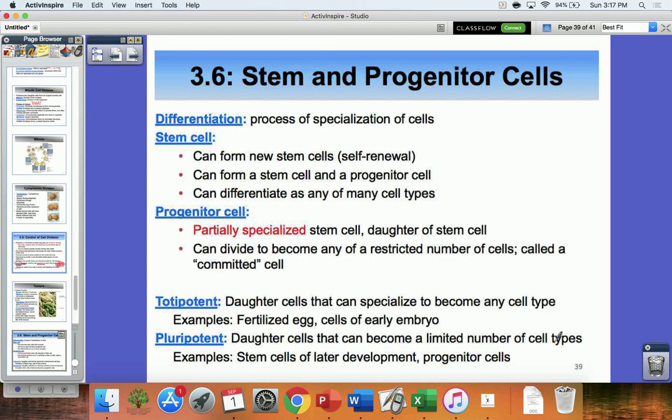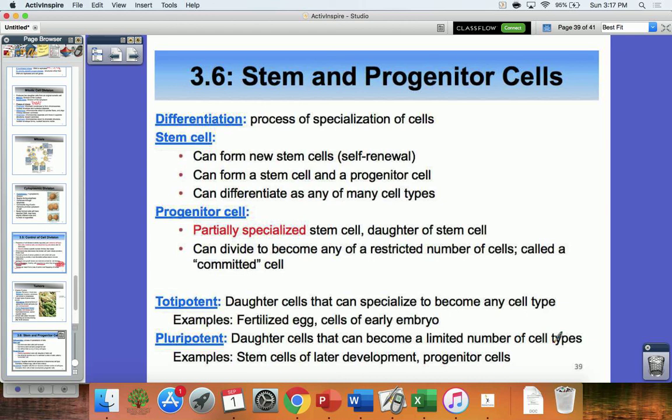Initially, we have a bunch of stem cells, and those stem cells are cells that can differentiate into a lot of different cells. They could turn into a muscle cell or a neuron or a skin cell.